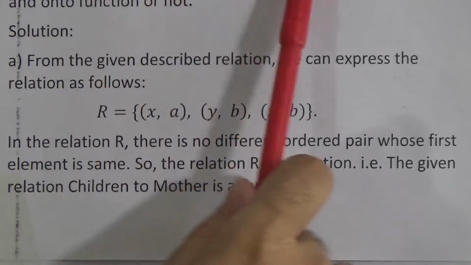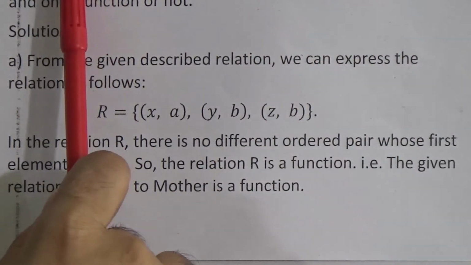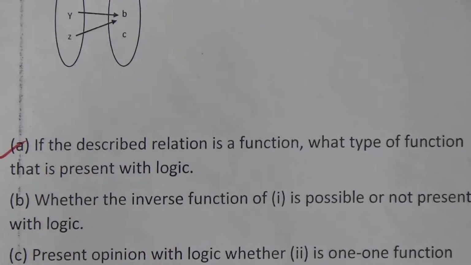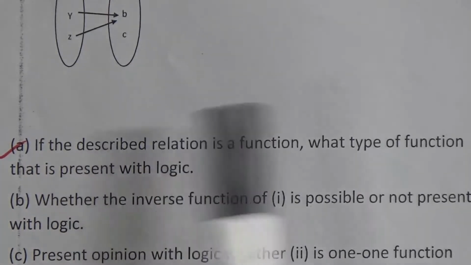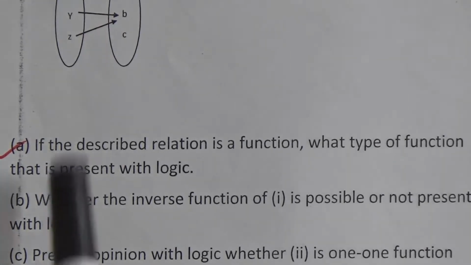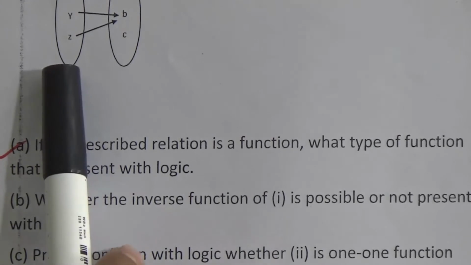Then the rest part, what type of function is that, with logic? It means that for this function, we have to say the type of the function. Dear students, see this function here.